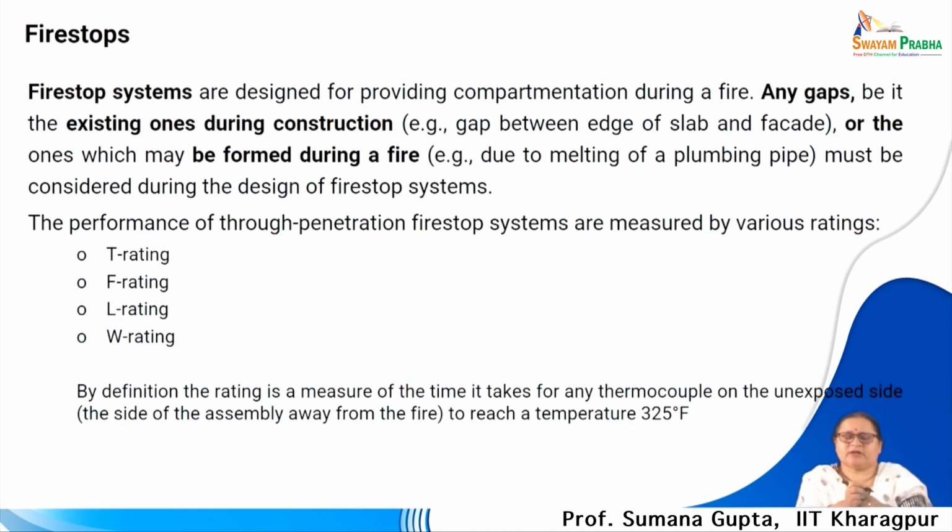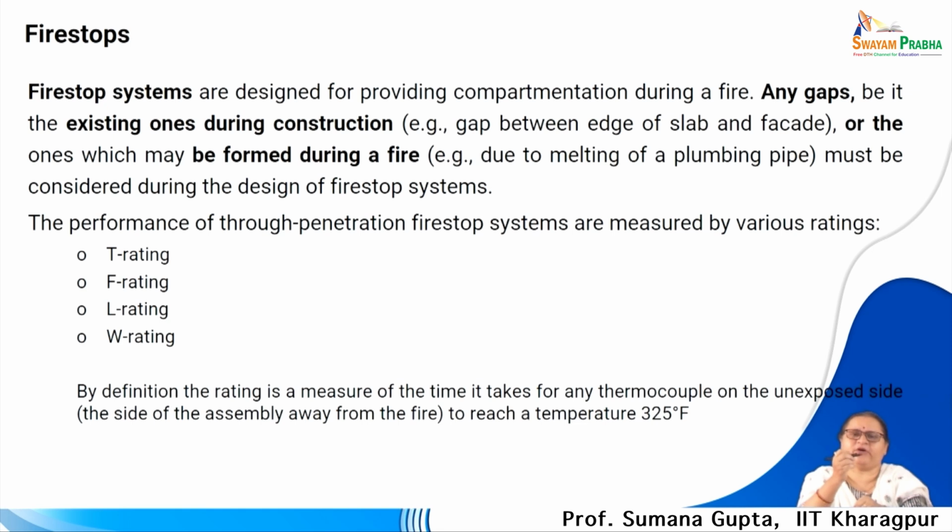So, we have also talked about fire stops. As I told you, within a building from floor to floor, particularly when it is a curtain wall, the fire can move quickly from the edge if there is a gap. Even from the wall, with the glass getting damaged due to fire, the fire can leapfrog. In the previous lecture, I had discussed that.